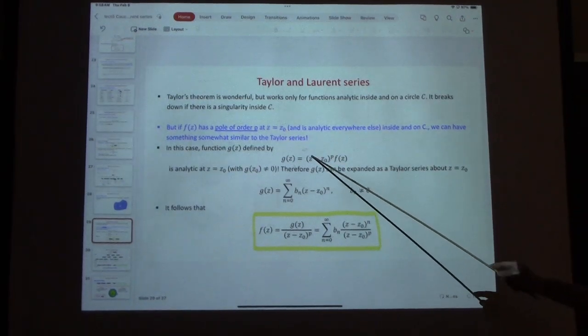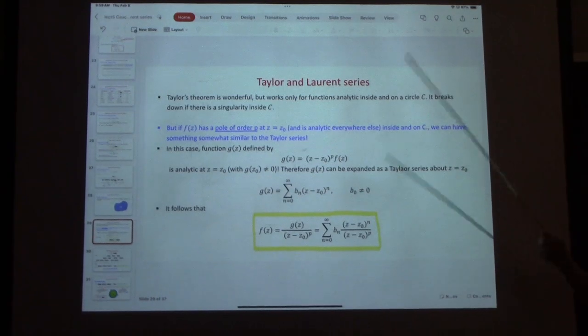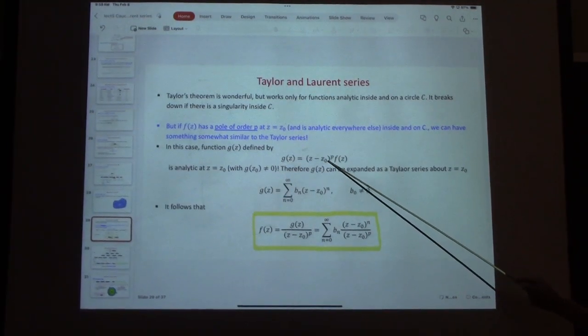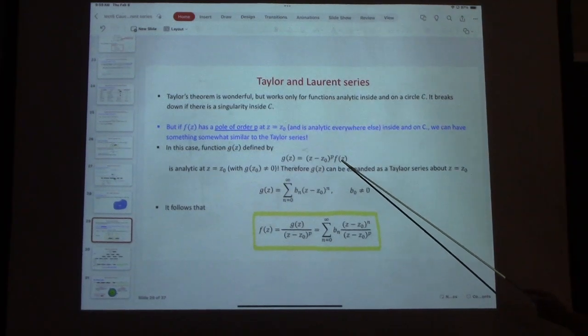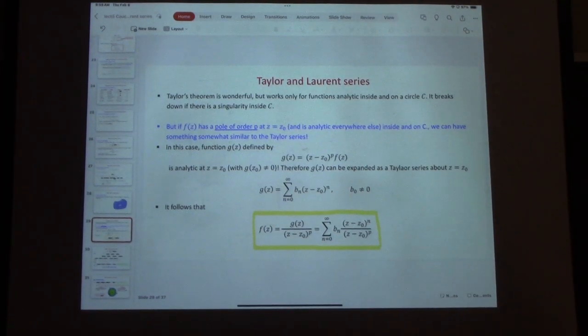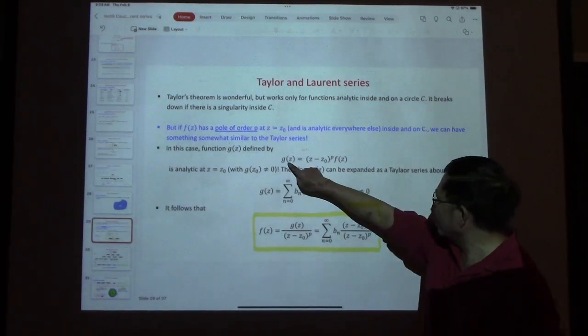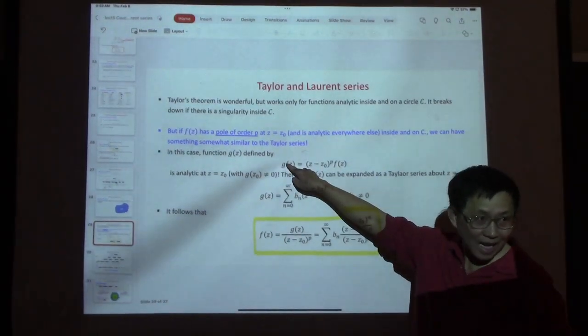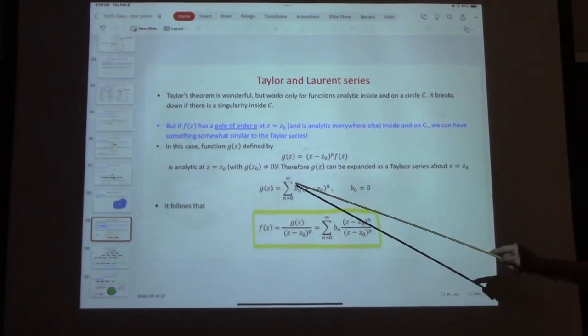Then we look at a new function, which we call g. Because we know the order p, we know for sure that when the factor z to degree p multiplies f, it gives us an analytic function, because that's the definition of a pole of order p. All right? If that's the case, even though we cannot do a Taylor series for this one, we can do a Taylor series for this one, right? Okay? All right, then let's do it.